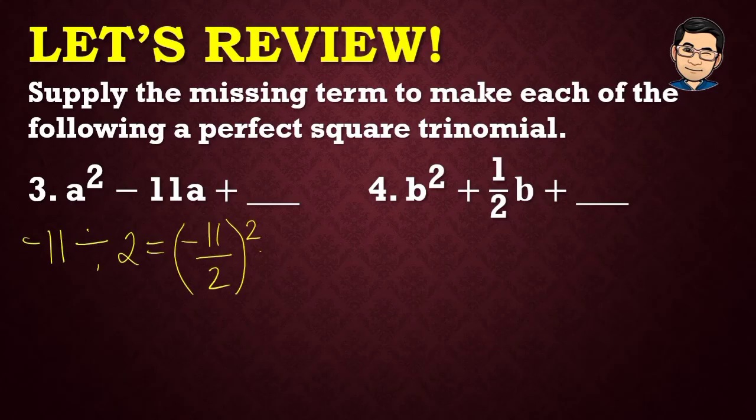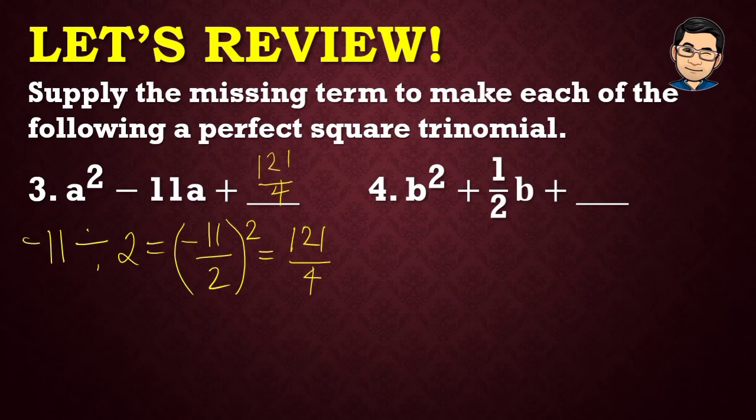That becomes negative 11 times negative 11, which is 121, over 2 squared, which is 4. Reminder: when a negative number, whether fraction or integer, is raised to the second power, the resulting sign is always positive. So 121 over 4 is the missing term.